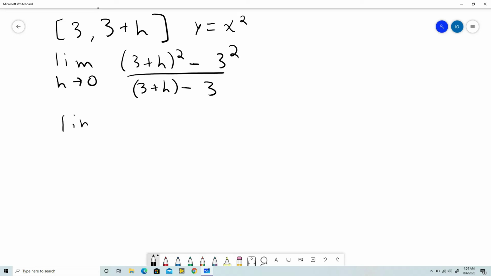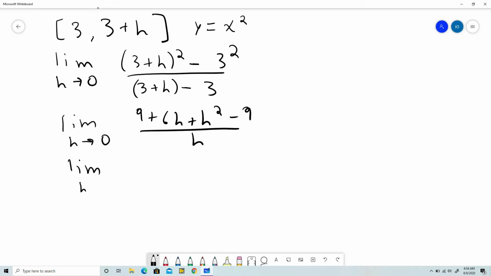And this comes out to be 9 plus 6h plus h squared minus 9 over h, and that can be simplified to h times 6 plus h over h.